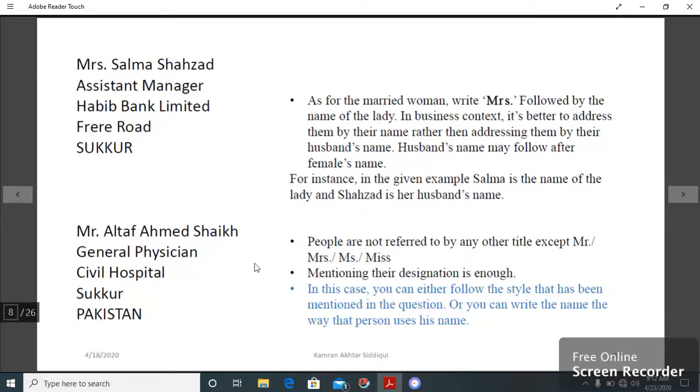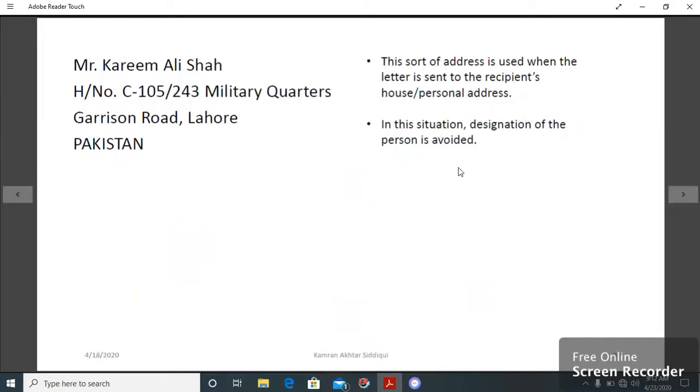So these are a few of the variants of recipient address which you can read by pausing the video. One more thing which is essential to talk about is that suppose you are writing a business letter to a person at his or her personal address, and you do not need to mention his designation.